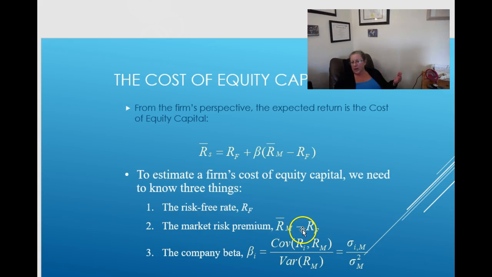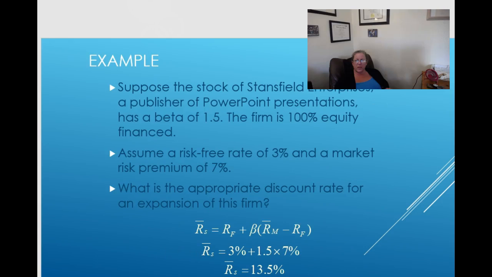So if the risk-free rate is 7%, but the market says there's a certain amount of risk involved, so we want an additional 3%. And then we also have to know the company beta, which will be given to you for the most part in your homework problems.